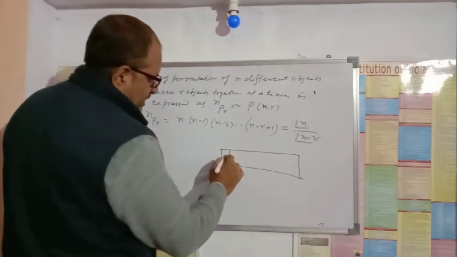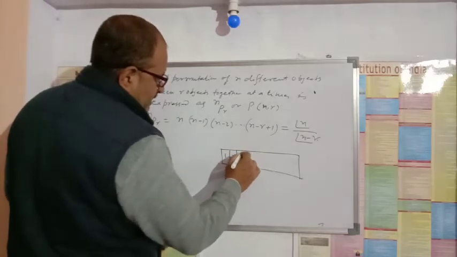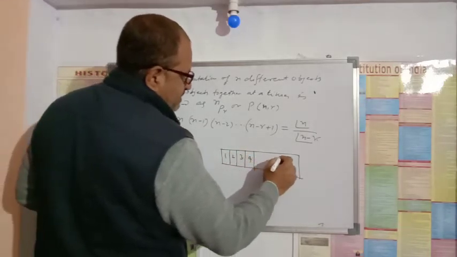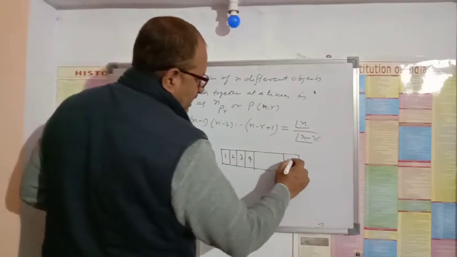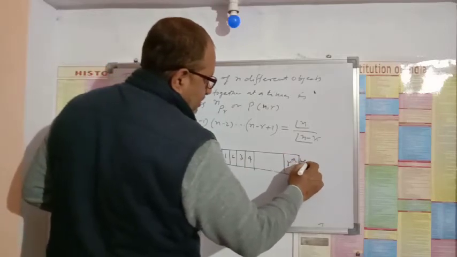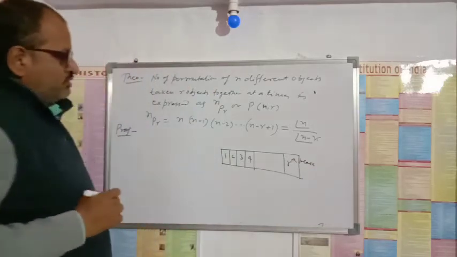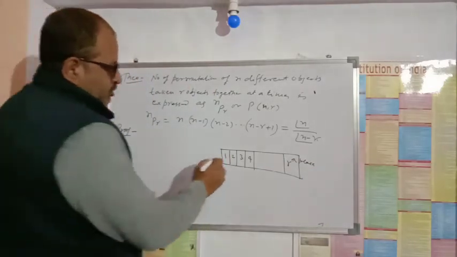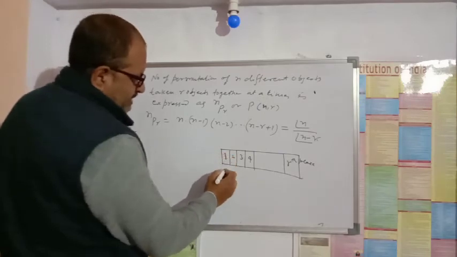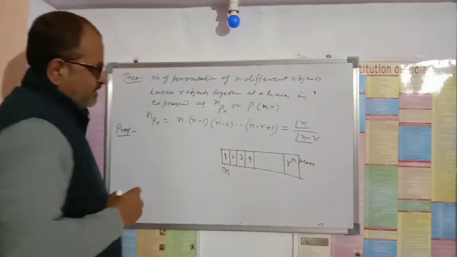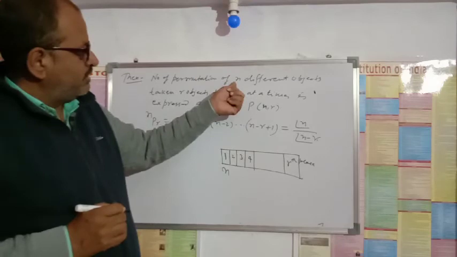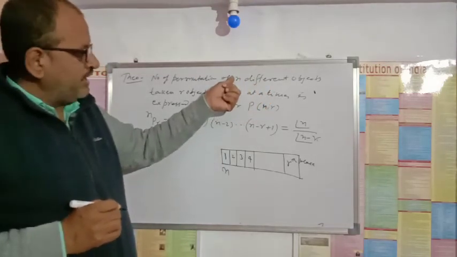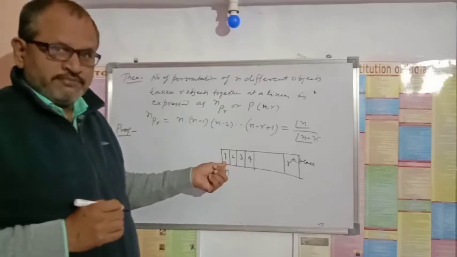So this is the first place, second, third place, fourth place, like this, and this is the rth place. In how many ways can we fill it? The first place can be filled in n ways because total objects is n. We have n options here, so any one object we can put at the first place.